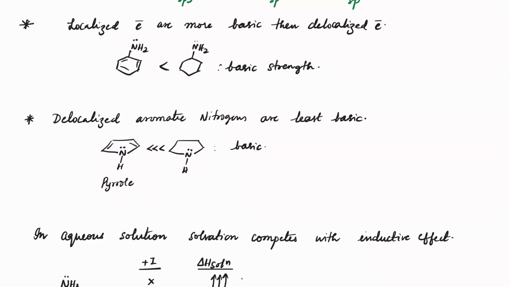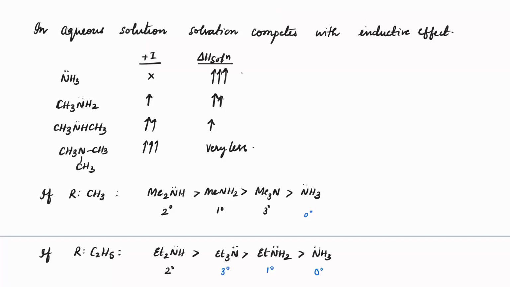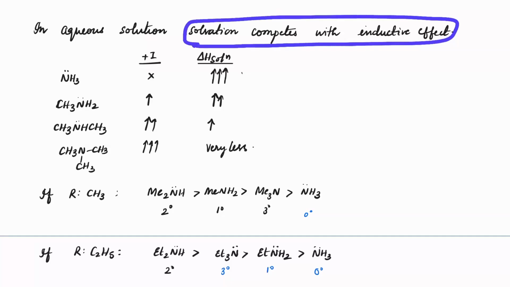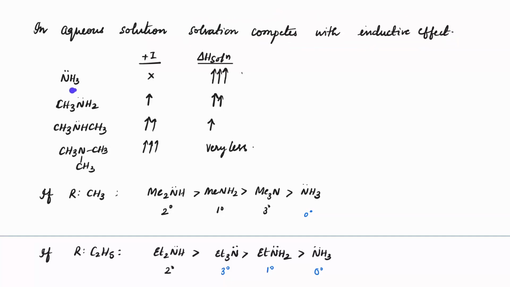Now, in the case of aqueous solution, just try to recall from GOC what we learned: solvation will always compete with inductive effect. If you have ammonia, ammonia does not offer any plus I, these hydrogens do not offer any plus I. When you put it in water, what will happen?